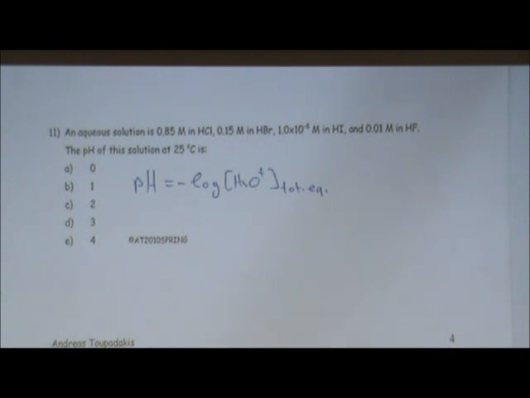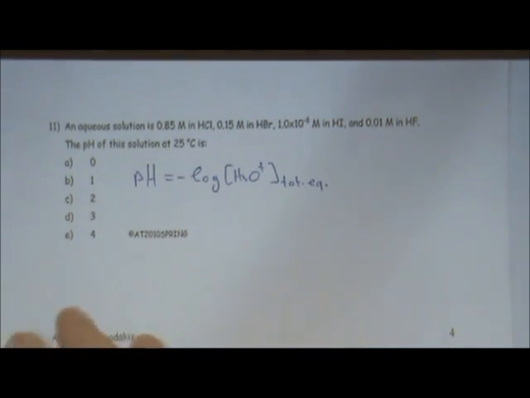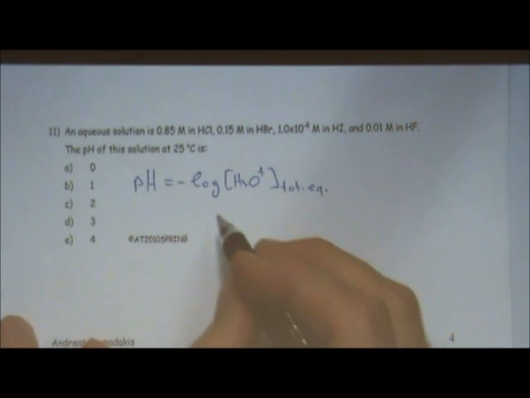So now we're looking at how many sources we have that can contribute to the total concentration of hydronium ions. And if you have an aqueous solution, the first thing you have is actually the water.